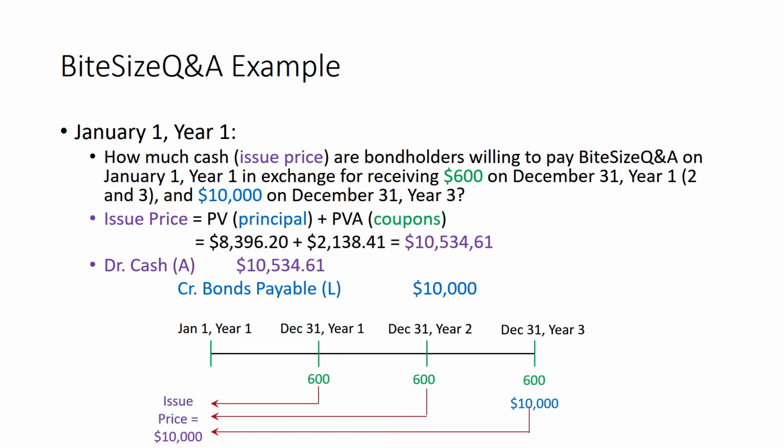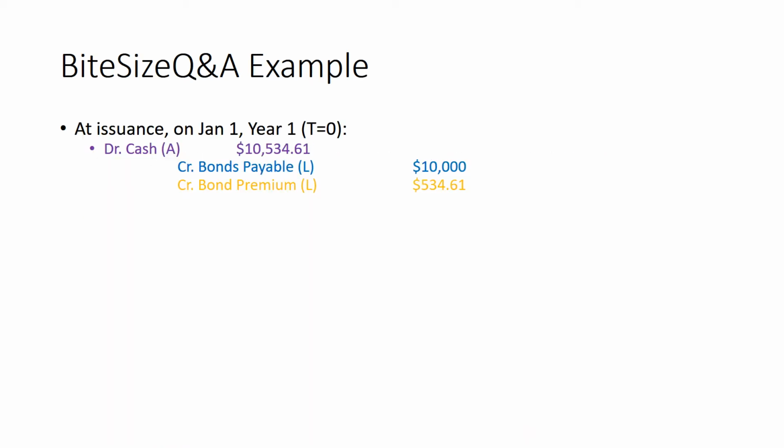So we need to make sure everything remains in balance, and we've got to credit $534.61. So we'll use an adjunct account called bond premium account. And so we'll credit bond premium for $534.61 to make sure that our debits equal credits. So this would be the journal entry that we would record on January 1st, year 1 at issuance.